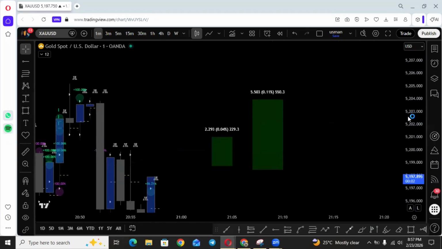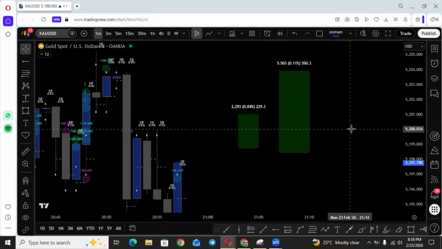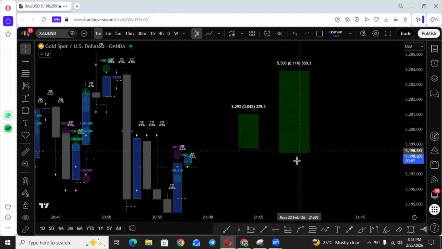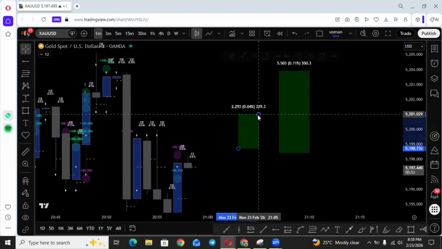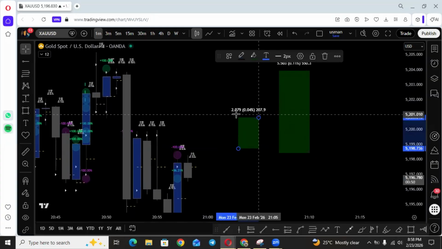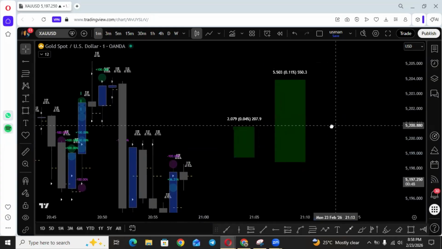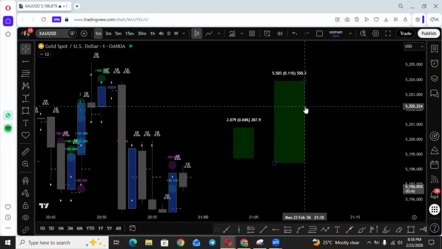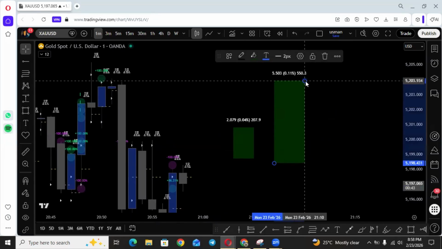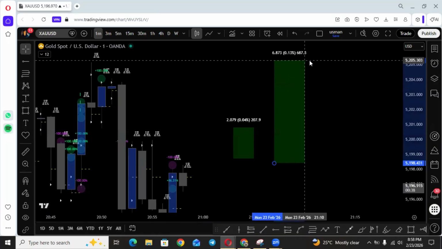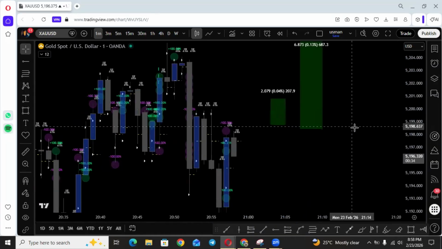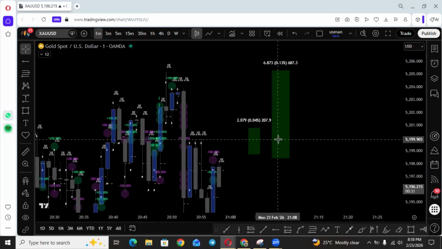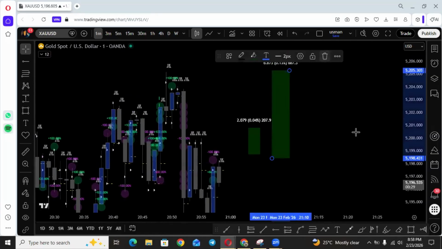You have come across days in the market when the 5 minute candle of gold will be around 20 pips. And you have also come across days when the 5 minute candle of gold will be 54 pips or 100 pips. So it depends upon the volatility. But the imbalance would remain the same.